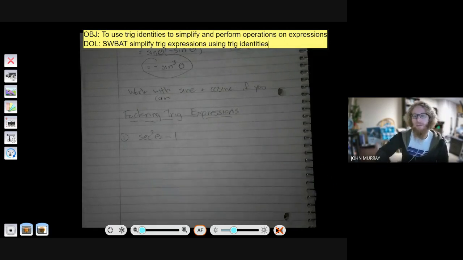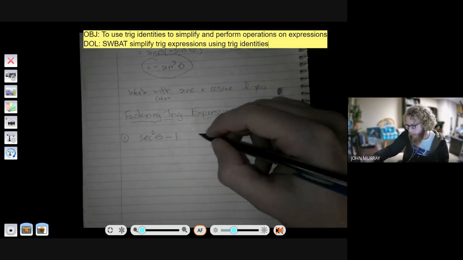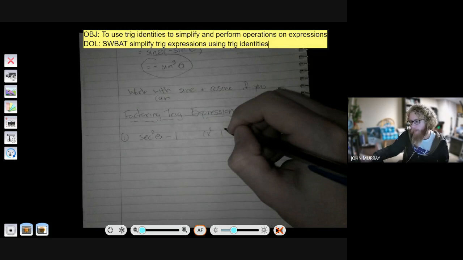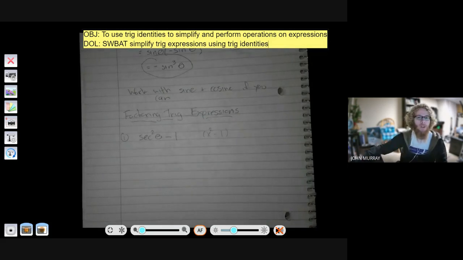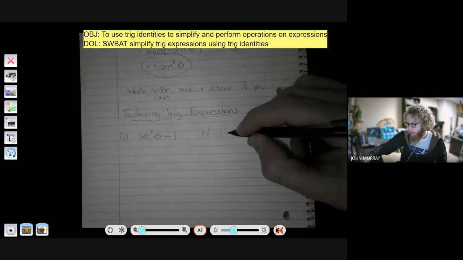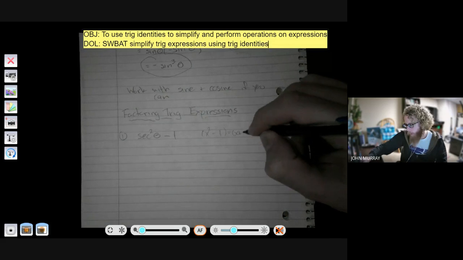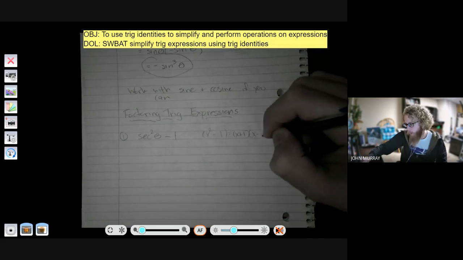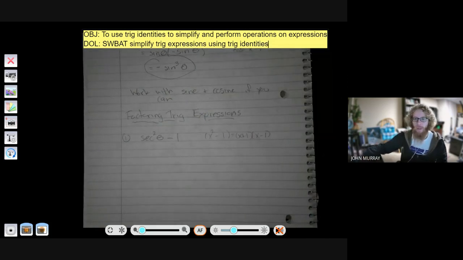So if we have something where it's any trig function squared minus 1, whether or not it is involved with a Pythagorean identity, we can always factor it. This is like saying x squared minus 1, a perfect square where we have one positive and one negative factor: x plus 1, x minus 1.